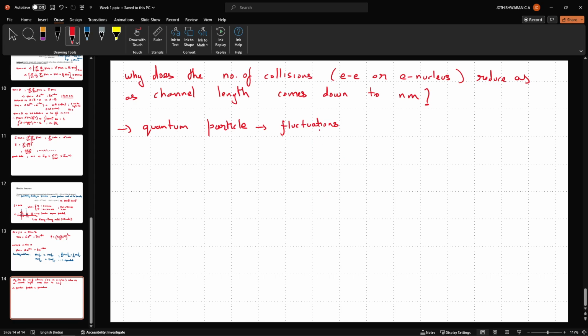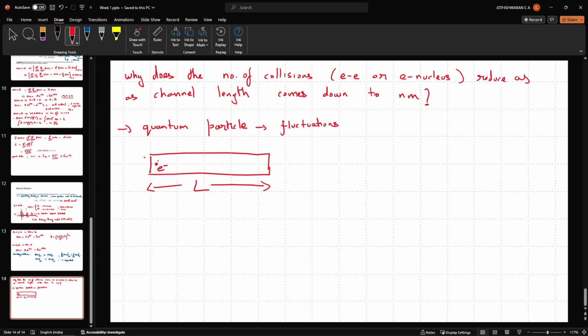In this case, given a sample, let us say I have a sample of length L. This is the sample of length L, and I have one electron over here.